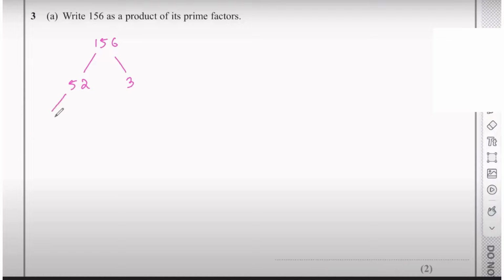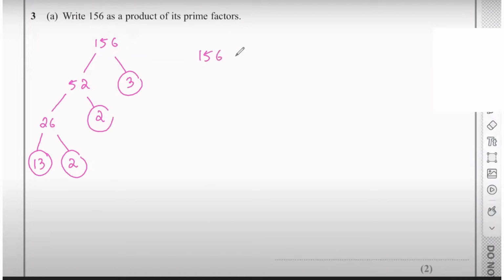Now 52 is 26 times 2. Since it's an even number, we can divide it by 2, and that gives us 26. 26 is 13 times 2. Once again, it's an even number, so we can divide it by 2 to get the other factor. Now 13, 2, and 3 are all prime numbers, which means these are prime factors of 156.